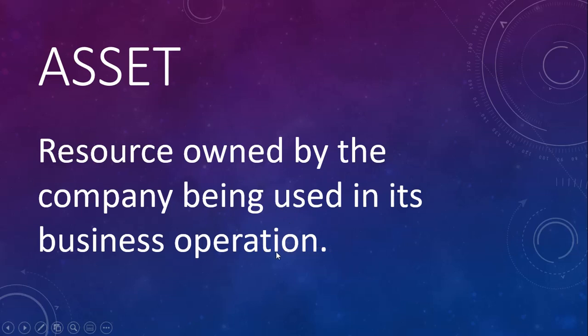If you are not using it in business operation, although you own it, it cannot be considered an asset. Or if you are using it in your operation and you don't own it, it is also not considered an asset. This condition should be satisfied in order for an item or a resource to be considered an asset.